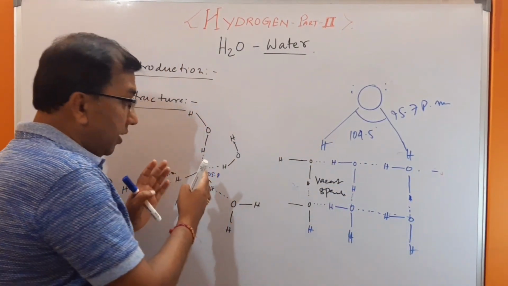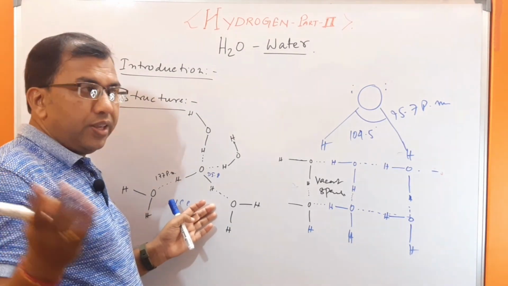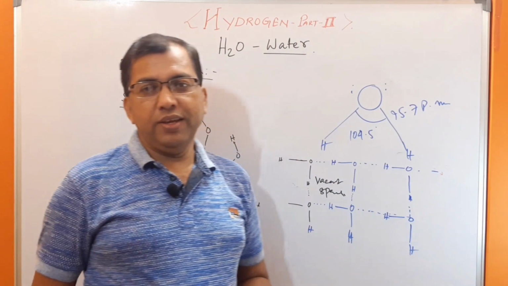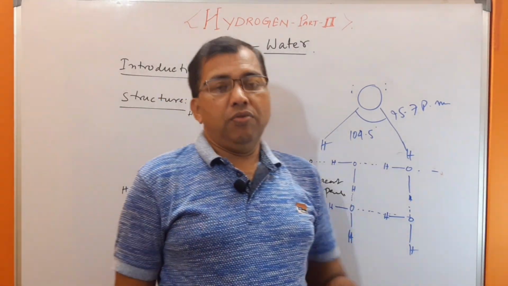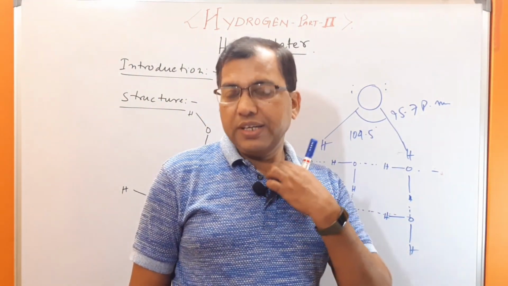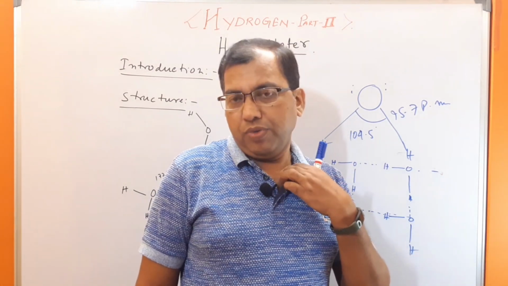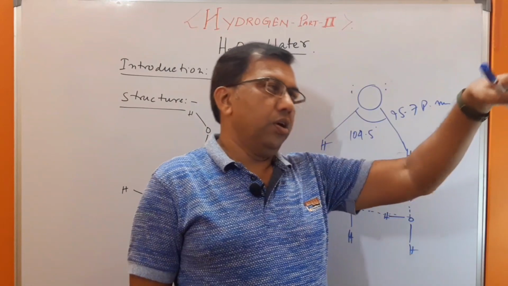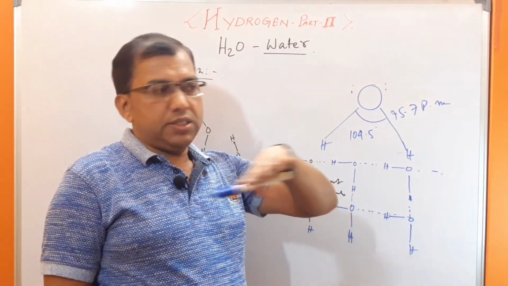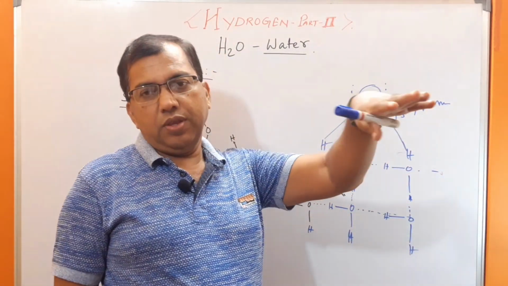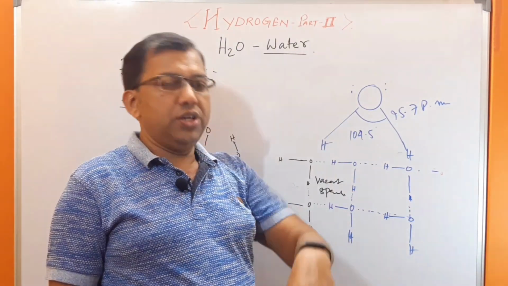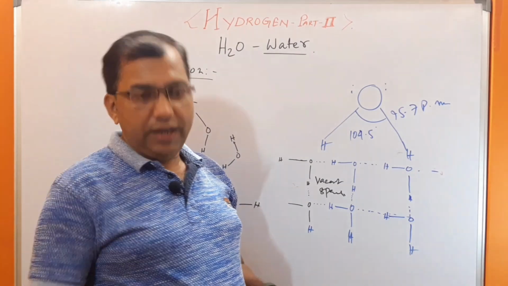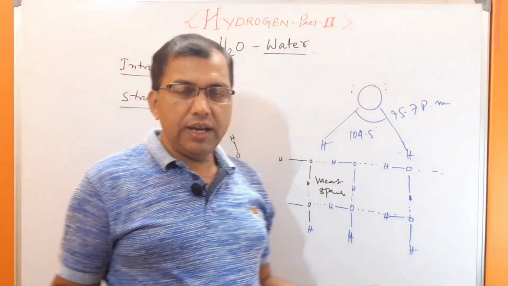So what is its utility? The density of ice is less than the density of water. Water has maximum density, and minimum volume, at 4 degrees centigrade. What is the reason? In wintry countries, the surface of the water becomes icy, solid, and under the solid there is still liquid. So the aquatic animals and plants are still alive.